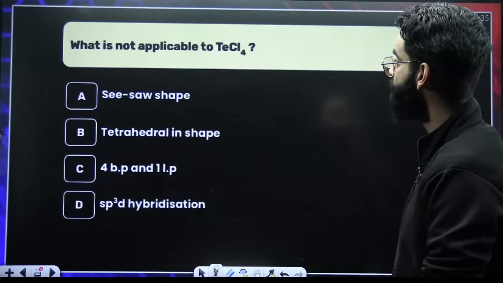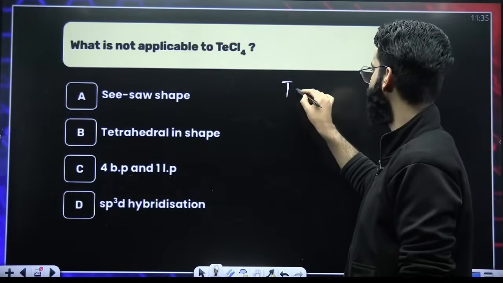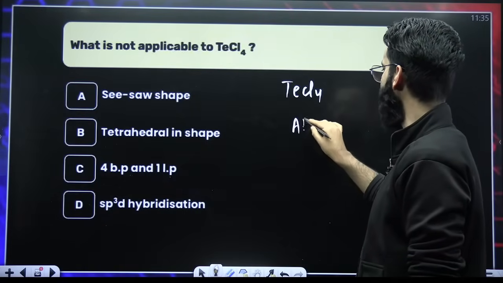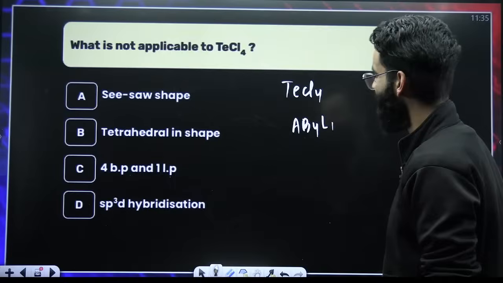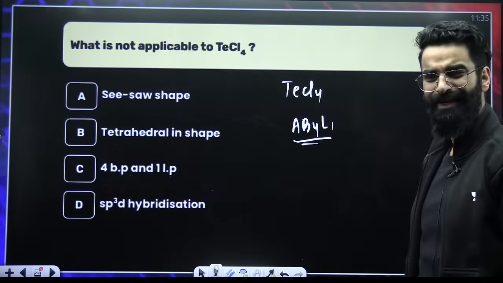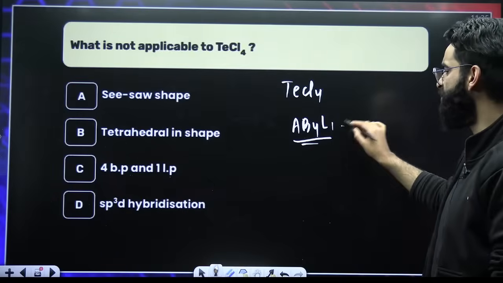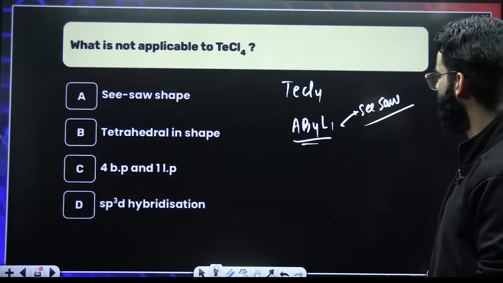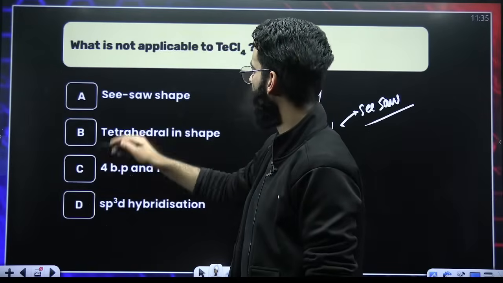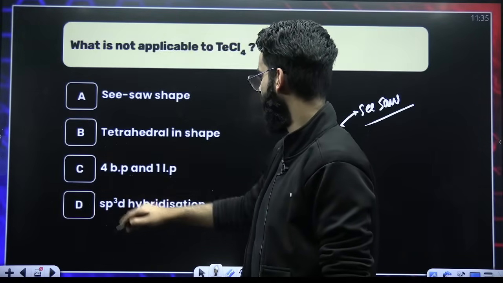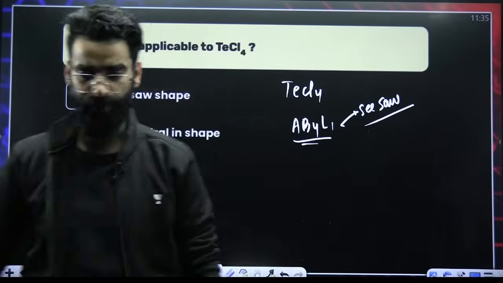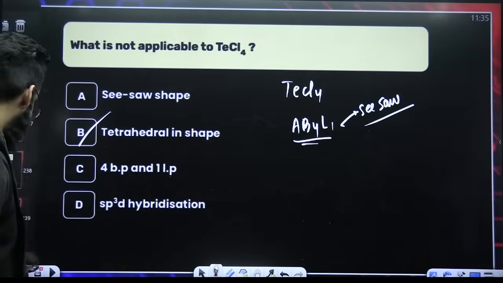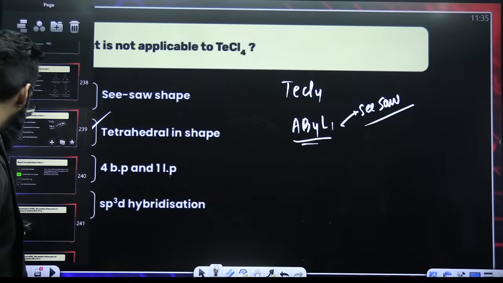TeCl4, the type of the molecule is AB4L1. Is it going to be tetrahedral? It is seesaw shaped. So, which is not applicable? Not applicable means tetrahedral in shape. Option B is the one. I hope it's clear.